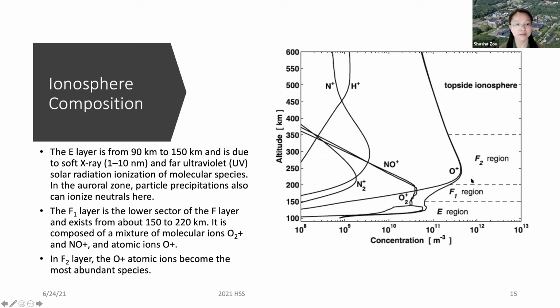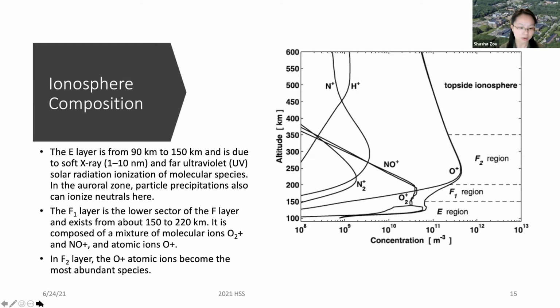As I mentioned, in the F region of the thermosphere, the most important composition is the atomic oxygen. So with photoionization, that means you remove one of the electrons from the neutral oxygen, you will get O+, right? So the O+ is the most important plasma in the F region.